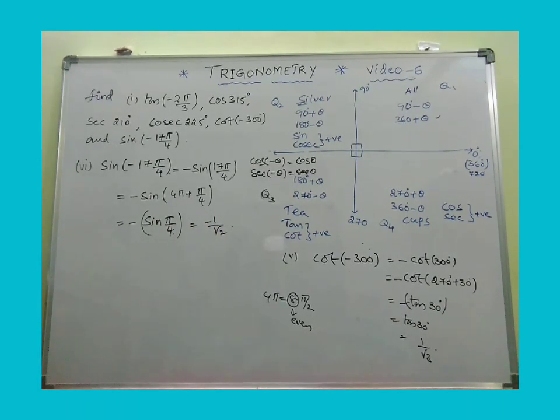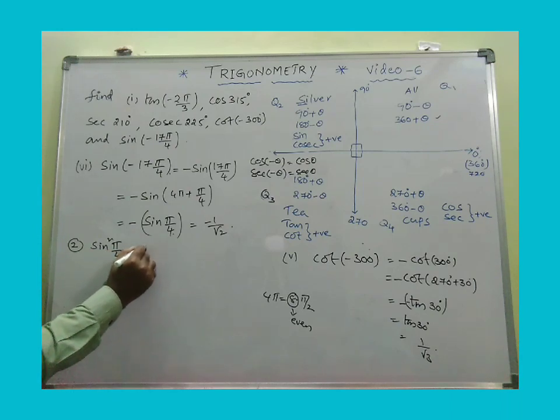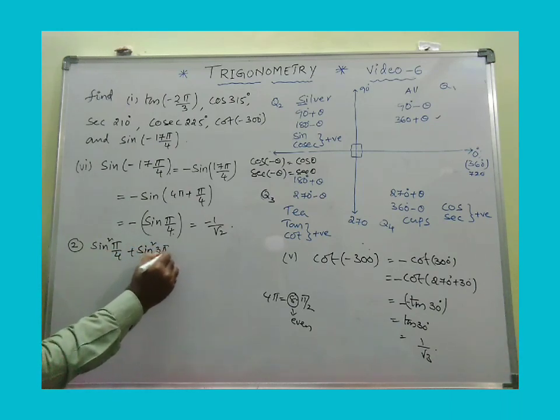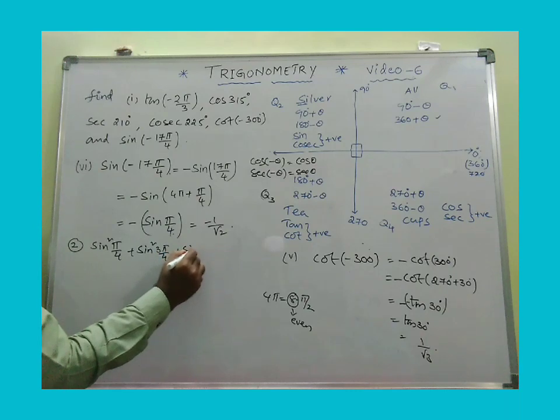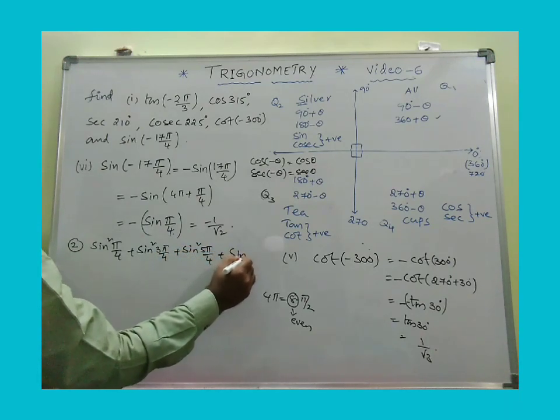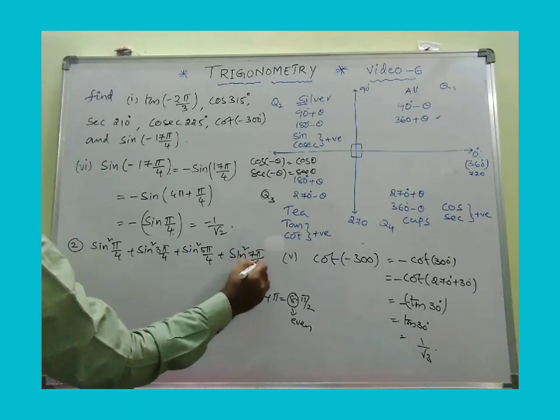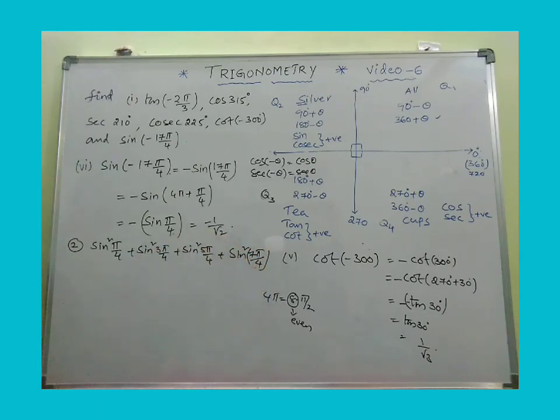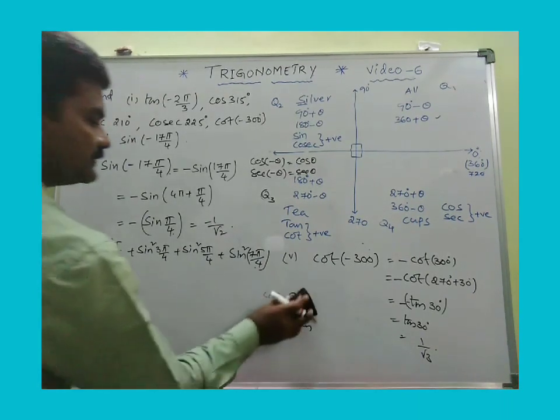Now also find one more question, that is sine square pi by 4 plus sine square 3 pi by 4 plus sine square 5 pi by 4 plus sine square 7 pi by 4. Can you try to find the value of this?